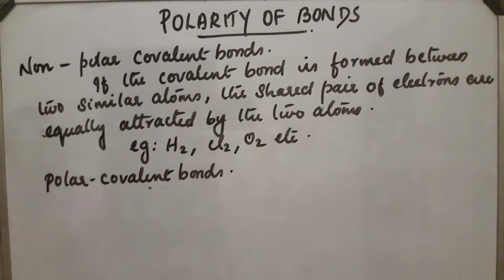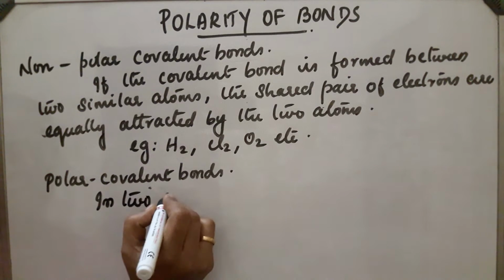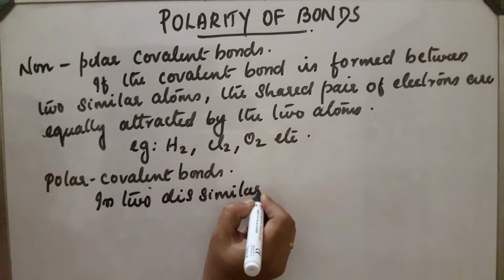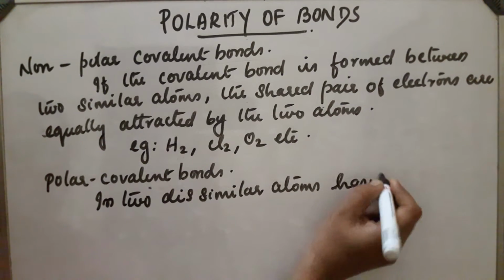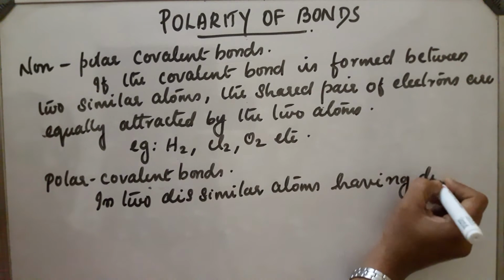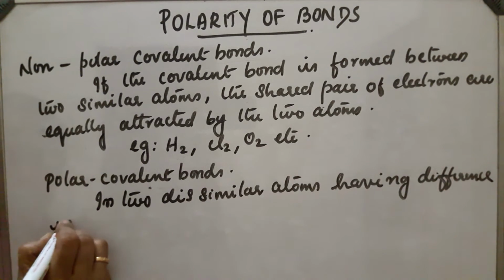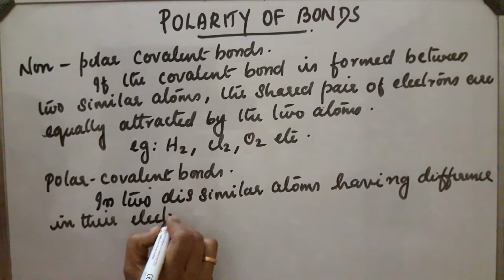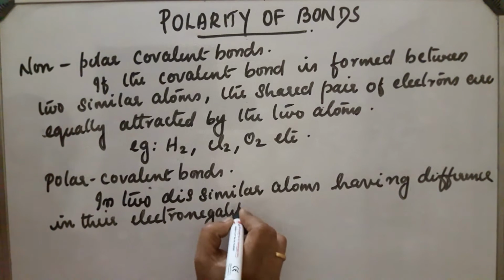Okay, so in two dissimilar atoms having a difference in their electronegativities, what will happen?